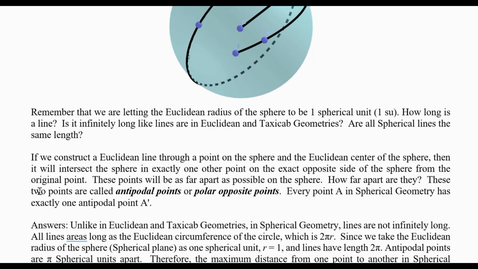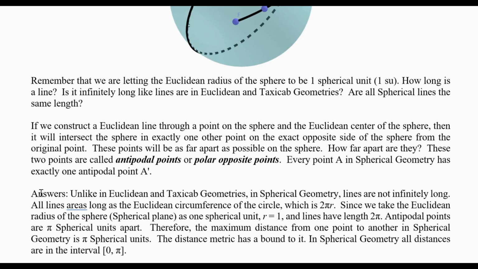All right, so let's think about the answers to these questions. Unlike in Euclidean and taxicab geometries, in spherical geometry, lines are not infinitely long. All lines are as long as the Euclidean circumference of the circle, which is 2 pi r.